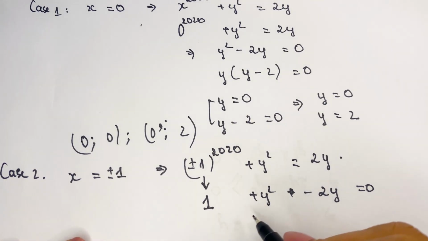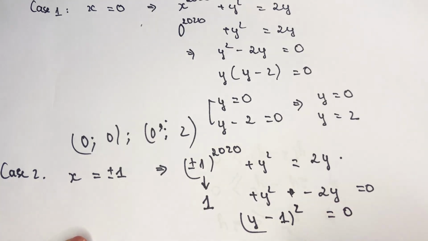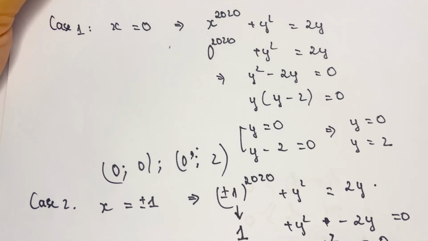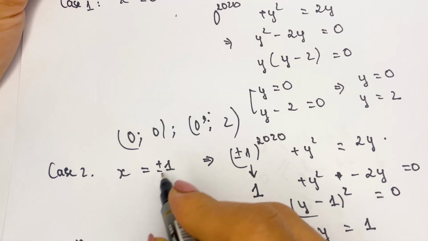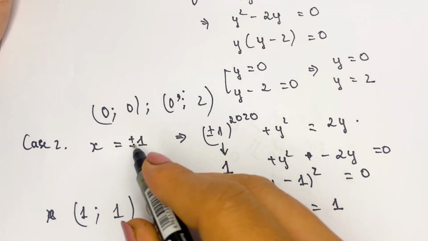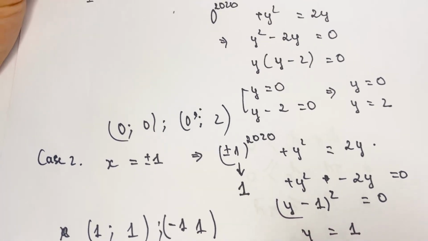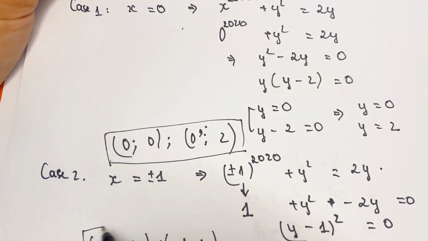So it is an identity: (y minus 1) squared equals 0, right? So we have the value of y equals 1. Yes? So everyone can see for x equals 1, we have y equals 1. And for x equals minus 1, we have y equals 1. So we also have 4 solutions for the third way.